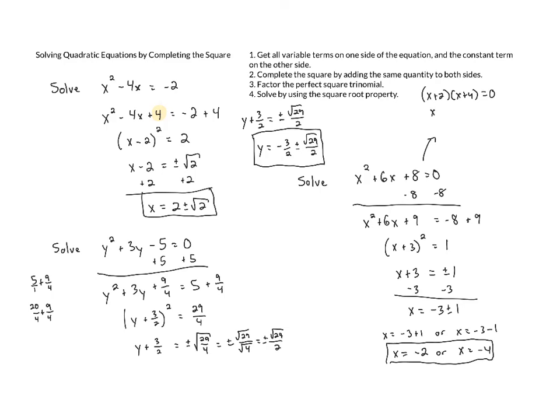If we set each factor equal to 0, x plus 2 equals 0, or x plus 4 equals 0. And if we isolate x in each of those, we get x equals -2 or x equals -4. So in this case, we got the same answer using a lot less work by factoring.